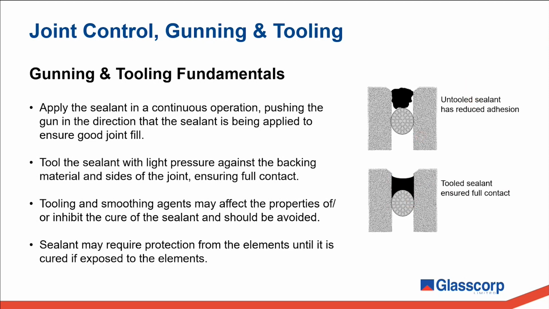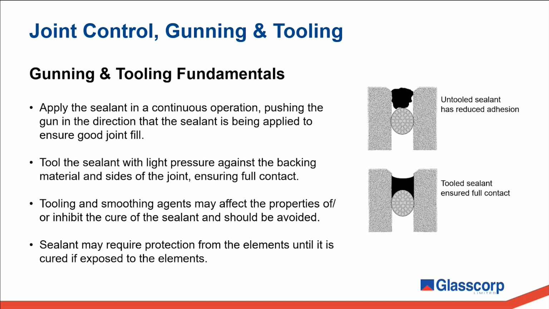Some fundamentals to consider for sealant gunning and tooling: applying the sealant in a continuous operation, pushing the gun in the same direction that the sealant is being applied. This positive pressure will make it much easier to achieve good joint fill across the width and depth of the joint. After verifying that the joint is completely filled, tool the sealant with light pressure against the backing material.